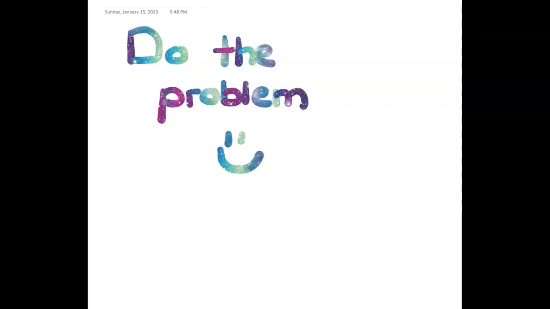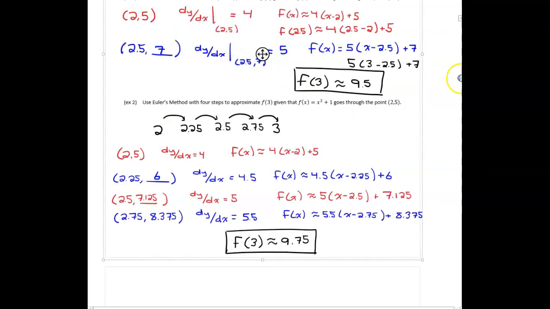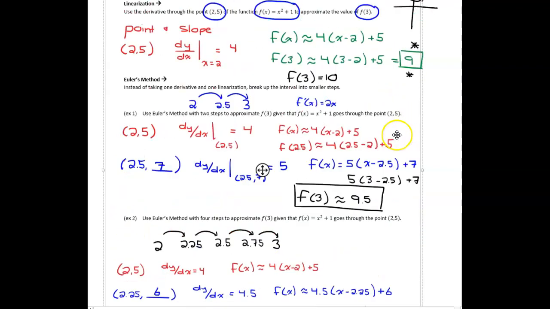So here is the solution to that problem. If you used 4 steps to approximate this, you should have ended up with f of 3 is approximately 9.75. Notice that every single time we add steps, we get a little bit more accurate with our estimations.